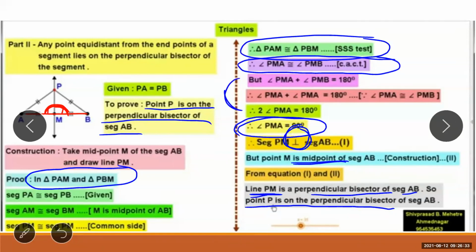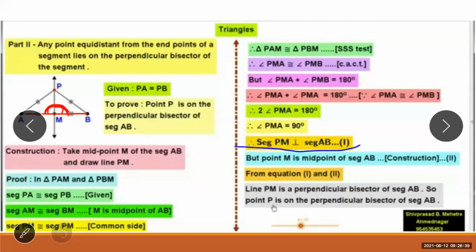And as it is 90 degrees, we got that the segments are perpendicular to each other. And because of the construction, we can also say that point M is a midpoint. So the point P is on the perpendicular bisector. Yes, understood?